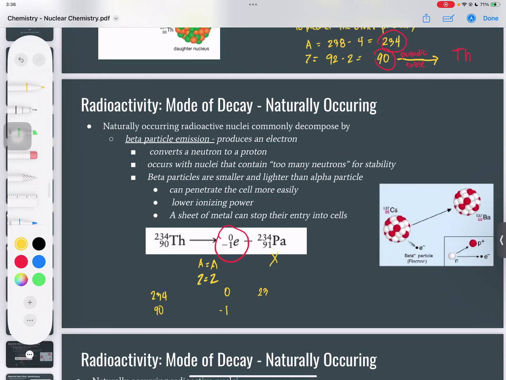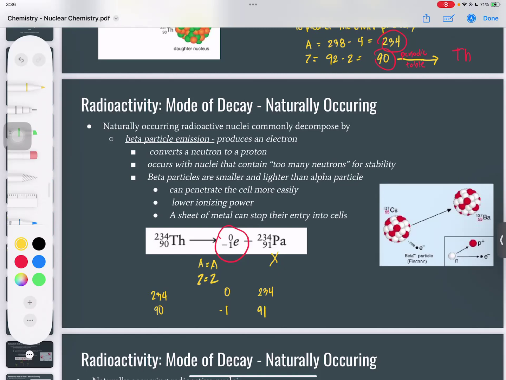It should carry the mass number of 234, and 90 plus -1. Be careful with the negative symbol. 90 minus -1, I'm sorry. 90 minus -1, so this should carry 91.